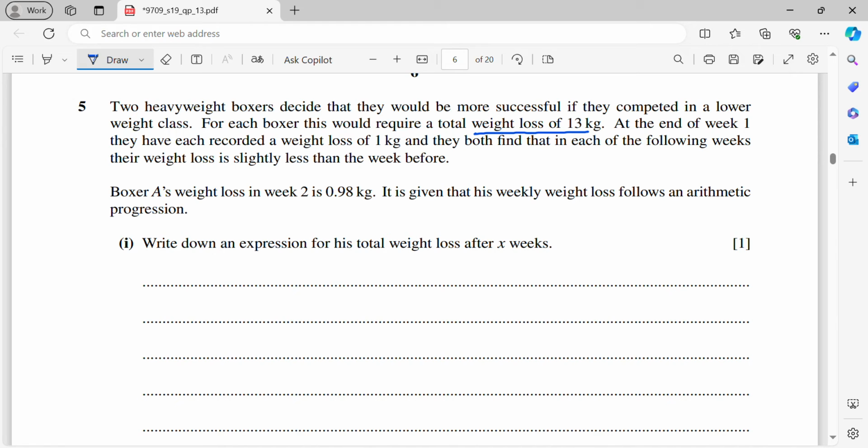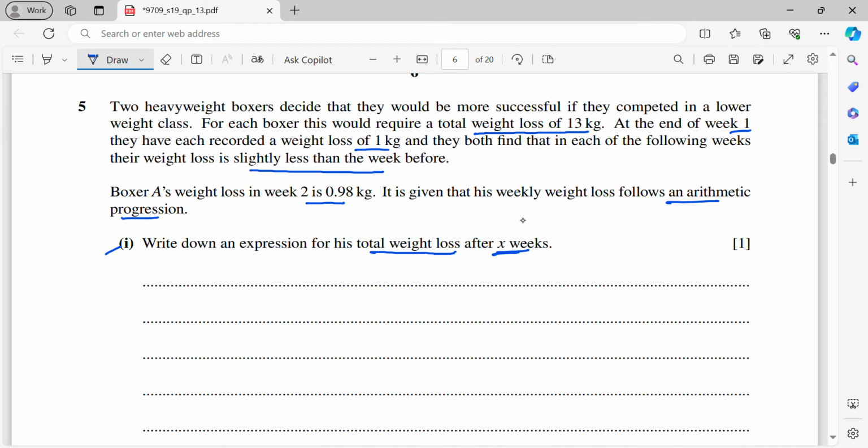Now, at the end of week 1, they have each recorded a weight loss of 1 kilogram, and they both find that in each of the following weeks, their weight loss is slightly less than the week before. Boxer A's weight loss in week 2 is 0.98 kilograms. It is given that his weekly weight loss follows an arithmetic progression. First part, write down an expression for his total weight loss after x weeks.